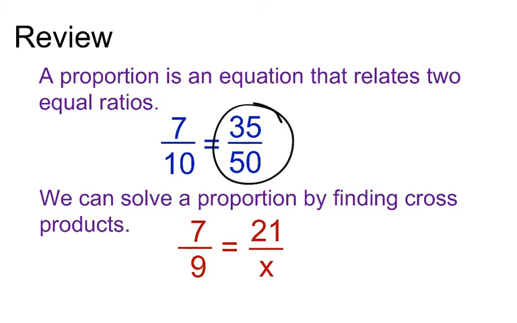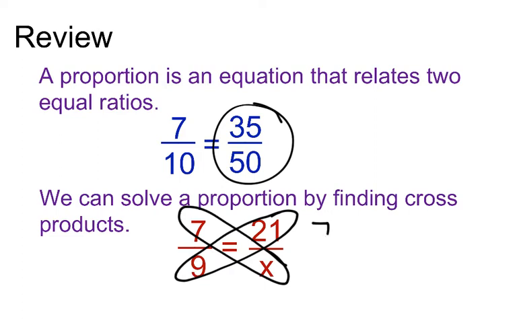We can solve a proportion by finding the cross products. In other words, we can see that 7/9 is proportional to 21 over a number. Well, when we multiply our cross products, we get 7 times x, or 7x, equals 9 times 21, or 189.